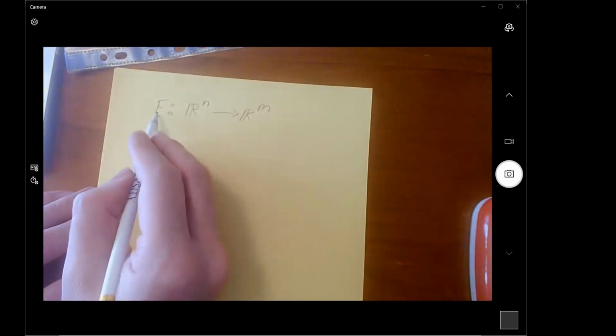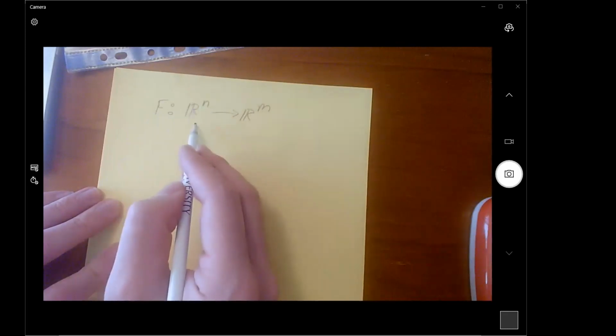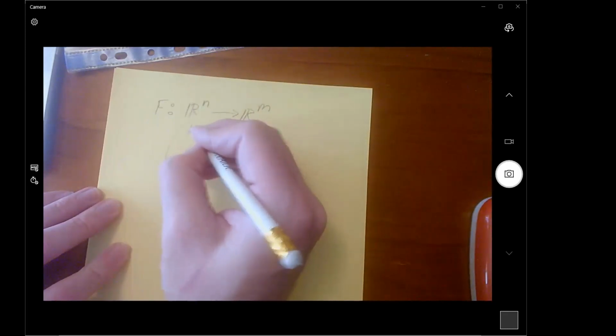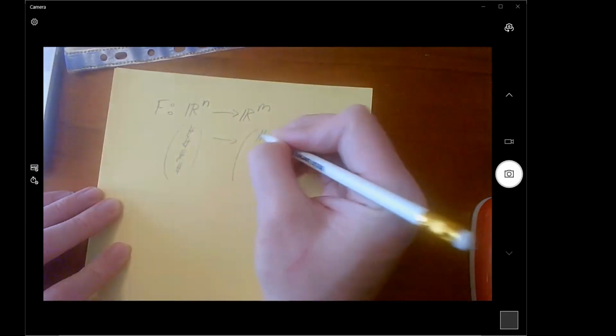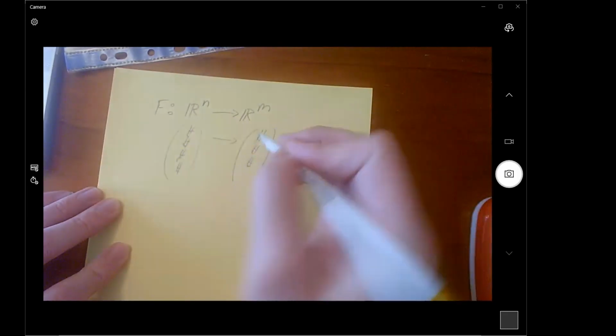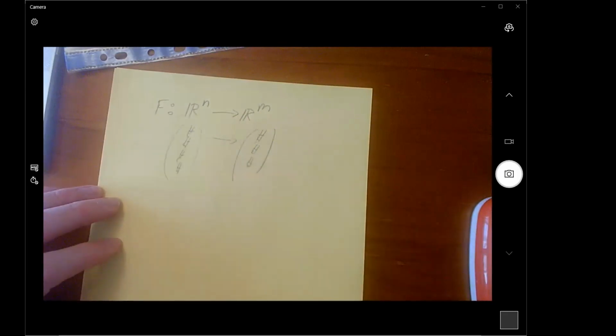So f is a function that takes vectors with n coordinates in and spits out vectors with m coordinates. It's not like they're always 4 and 3, but I'm just pointing this out.